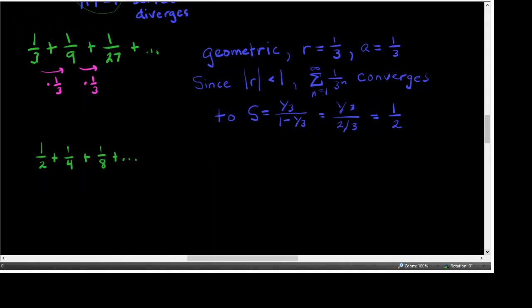And of course, I think we can safely say that we think this one is geometric as well. And what is R? What are you multiplying 1/2 by to get 1/4? What are you multiplying 1/4 by to get 1/8? The answer is 1/2.